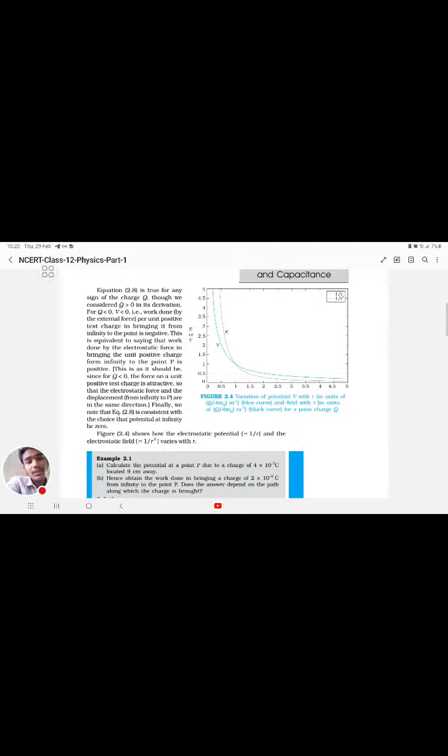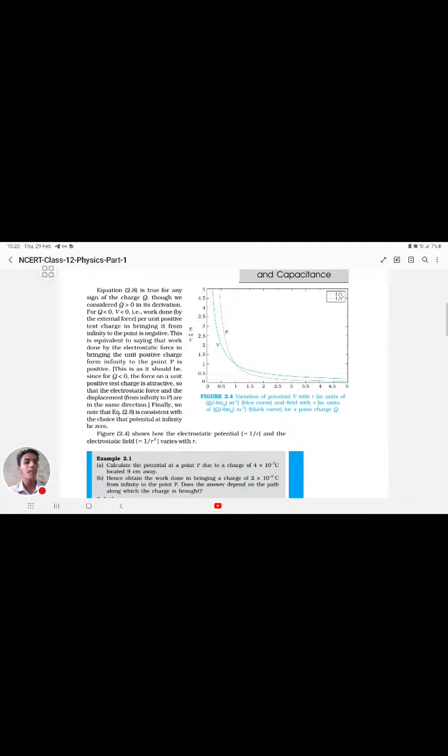For defining the electrostatic potential, we are considering a unit positive charge, which means I am making it independent of the charge and dependent only on the electric field. It is the work done in bringing a unit positive charge from infinity to that position P, which is the difference in potential energy divided by the amount of charge you are bringing. Hopefully you understood this.